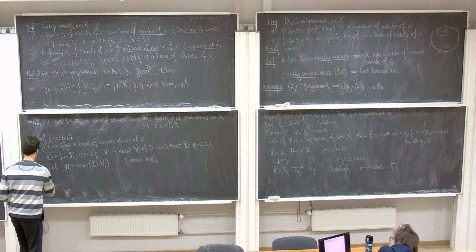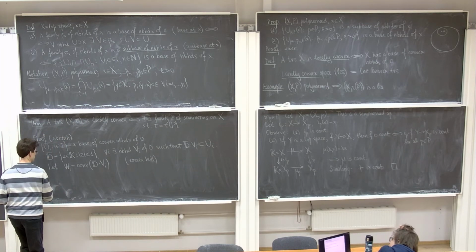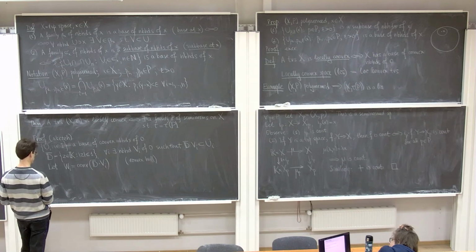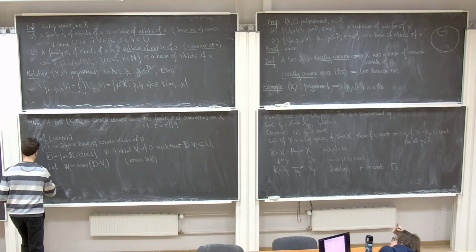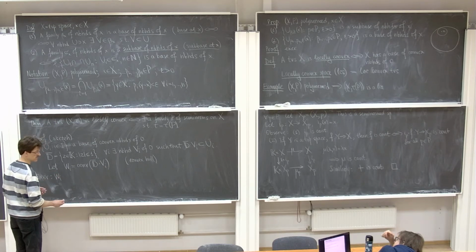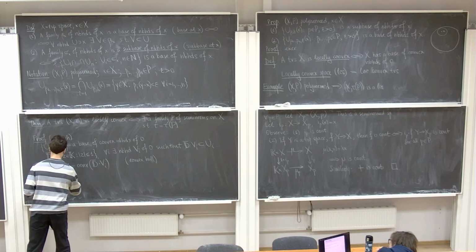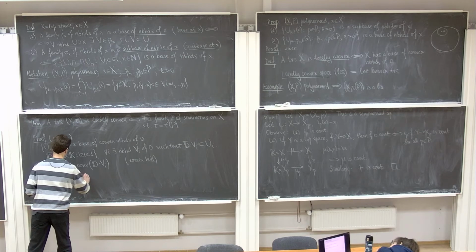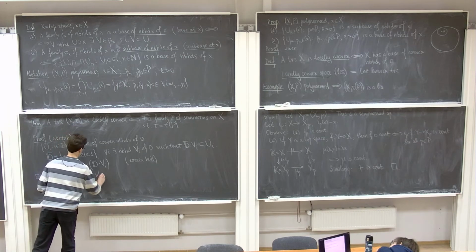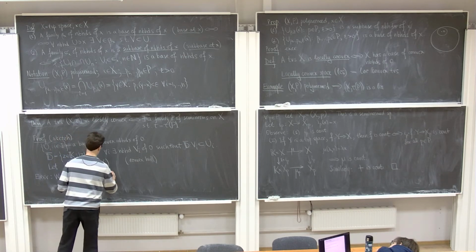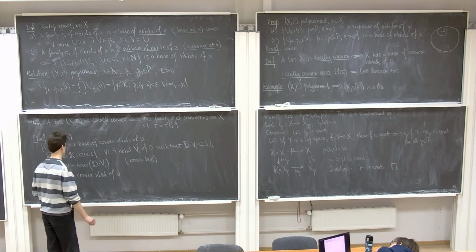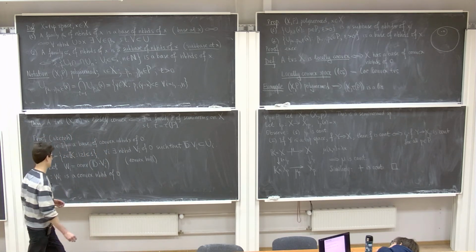So now a little exercise is to show that Wi is still a convex neighborhood of 0. Clearly it is convex, so the point is that it is also a neighborhood of 0.